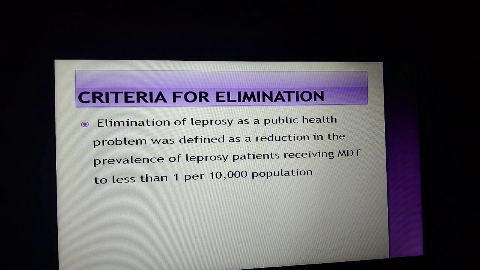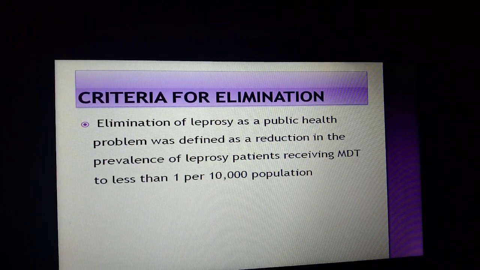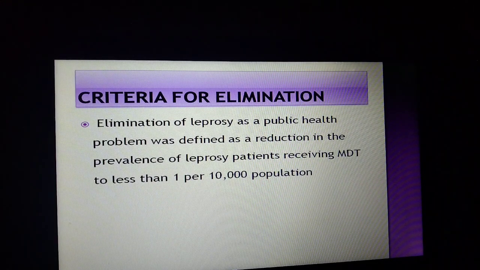In statistics of leprosy, first we'll study the criteria for elimination. What is criteria? Criteria is nothing but a standard by which something may be judged. Elimination is eliminating. How do we eliminate? Elimination of leprosy as a public health problem was defined as a reduction in the prevalence of leprosy patients.